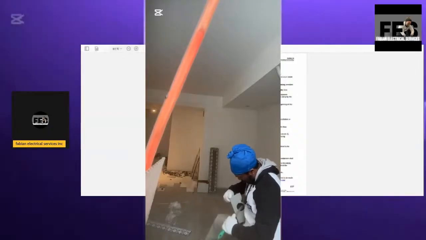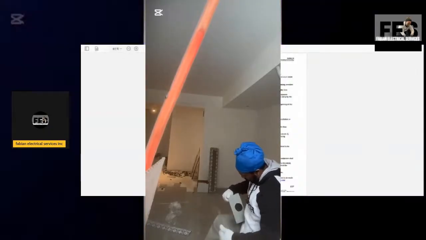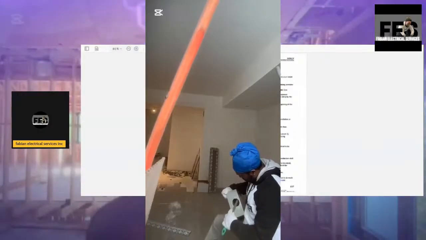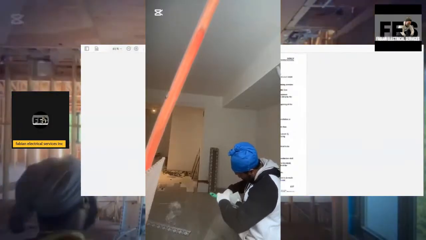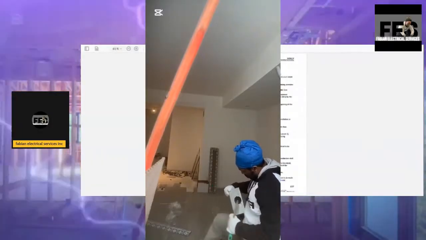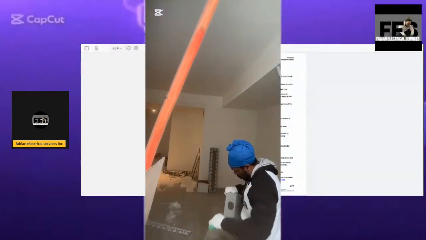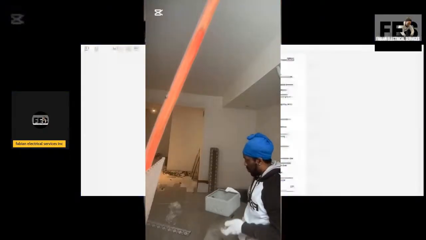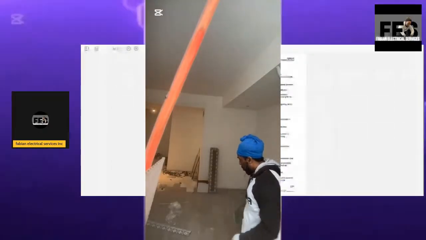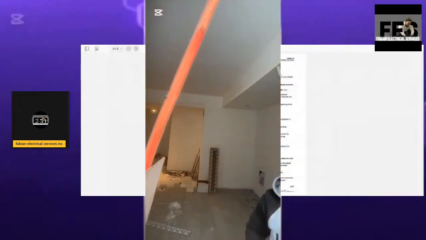Has to be accessible. All junction boxes, all electrical boxes, octagon boxes, wherever you make a joint, make a connection of your electrical wires, has to be accessible once the work is finished. It also has to have a cover plate placed on the face of the box.